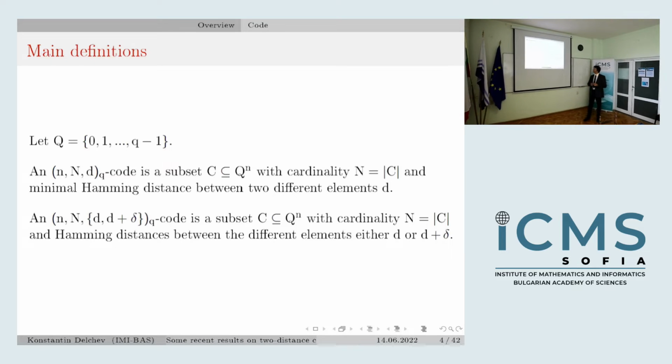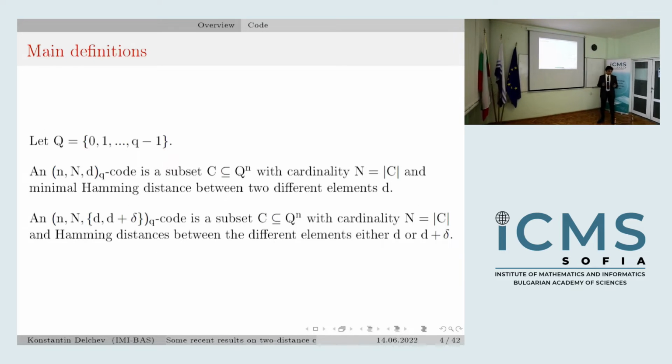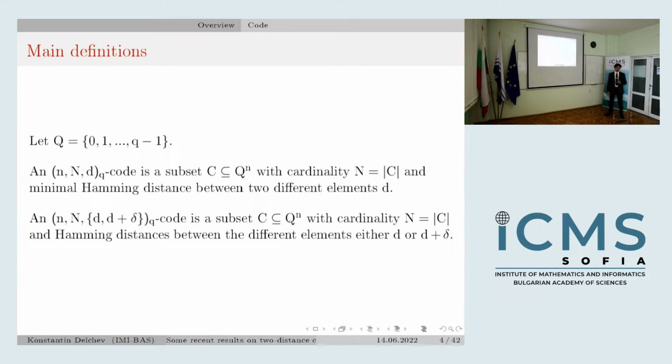The main definitions that we have: Q is just the set of numbers from 0 to Q minus 1. It can have other nice properties if Q is nice, and if we need such properties. An (n, M, d) code is basically a subset of Q^n with cardinality M and minimal Hamming distance between two different elements d.